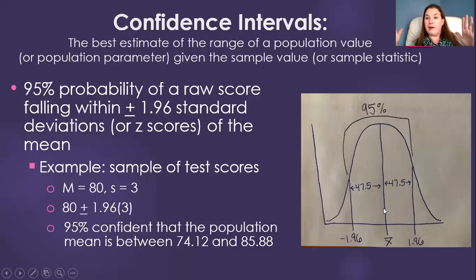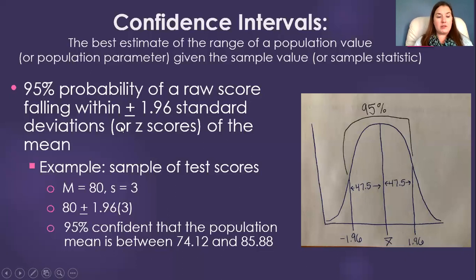If you don't believe me, go ahead and check your z-scores table, and you'll see that a z-score of 1.96 has 47.5% of all values. 47.5% of all values times 2 is 95. So confidence intervals are saying, if we know the mean and the standard deviation, how can we say we can be 95% confident, or 95% of all values fall between what value is here and what value is here? So again, this is kind of like the opposite of z-scores.